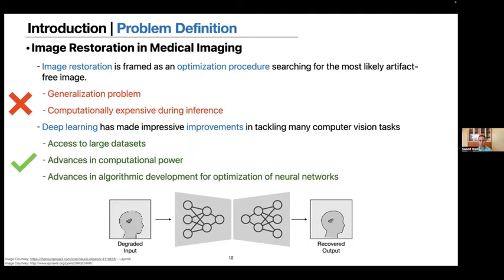In this thesis, we generally feed the degraded image into the neural network and expect to receive the restored image at the output of the network. So it's going to be a one-to-one mapping between the low-quality image and the high-quality output.